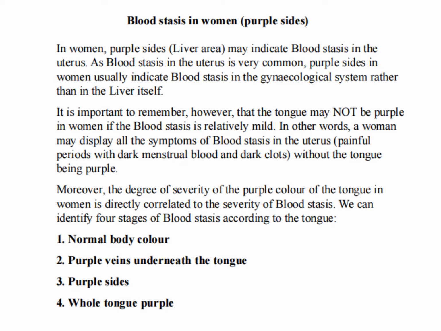We can identify 4 stages of blood stasis according to the tongue. Number 1, normal body color. Number 2, purple veins underneath the tongue. Number 3, purple sides. Number 4, whole tongue purple.